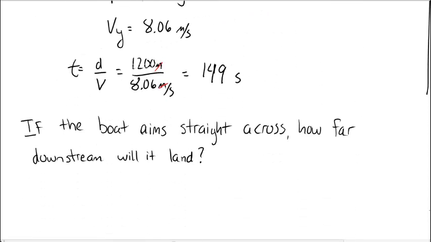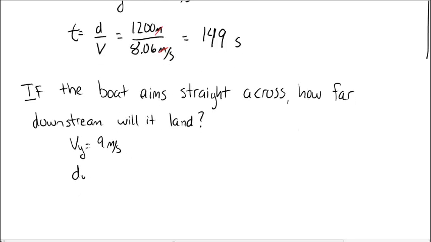So to do this, we know the speed going across, Vy, and that is the maximum speed of the boat. It's going at 9 meters per second. I know the distance across the river is 1,200 meters. So if the boat is going straight across, there's nothing slowing it in a vertical direction. The river is actually pushing it downstream, but it doesn't slow it down going in the vertical direction.